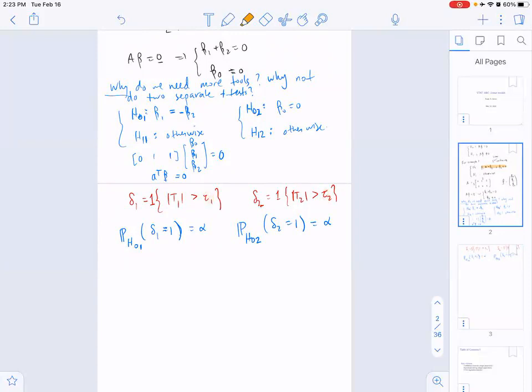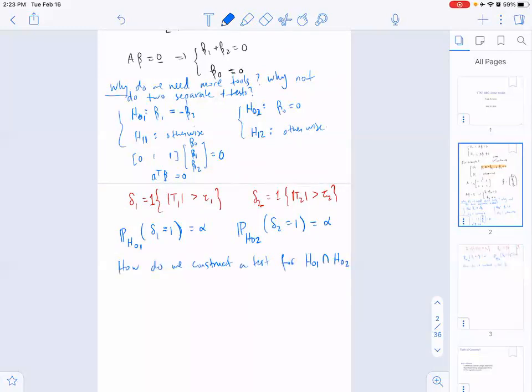So now, based on these two tests, how would you construct the test for H01 intersect H02?